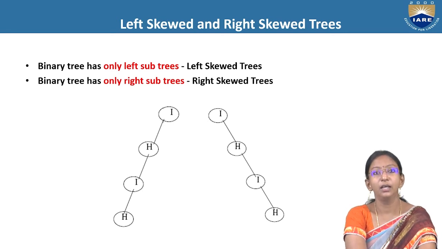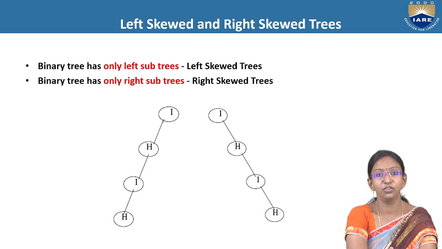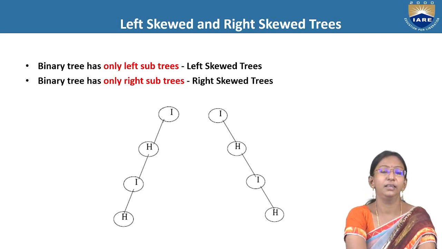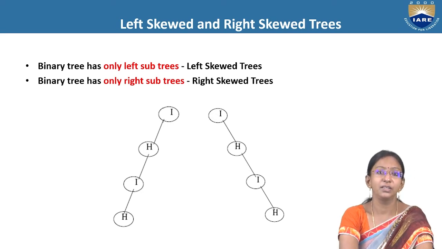Contrary to that, if a binary tree has no left child, no left grandchild, no one on the left side, then it is known as a right skewed tree. So these are the variants of binary tree.